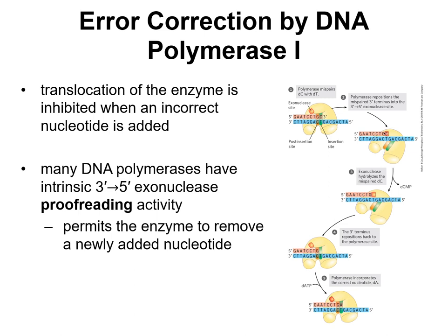And the polymerase is going to reposition itself so that the base pair that's wrong is going to be in that exonuclease site. You get rid of that base that's wrong, and then you move that 3' terminus back to the polymerase site so that you can add the correct nucleotide.